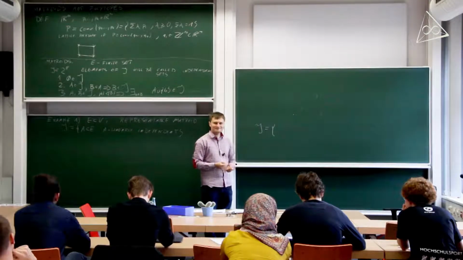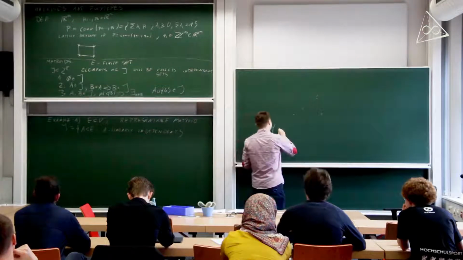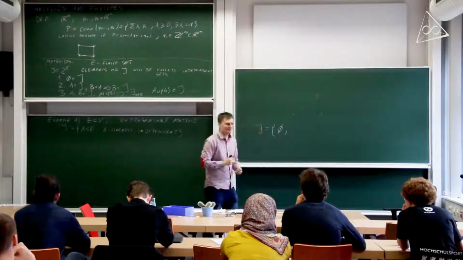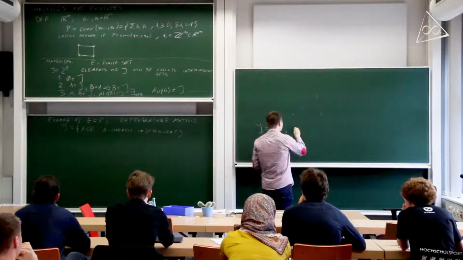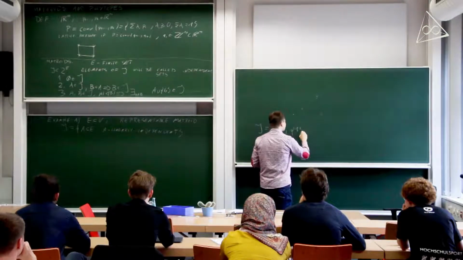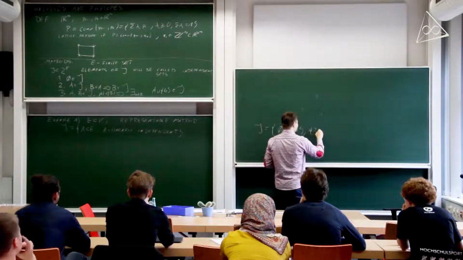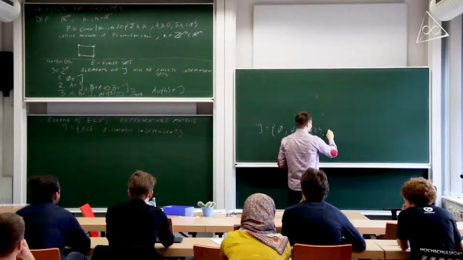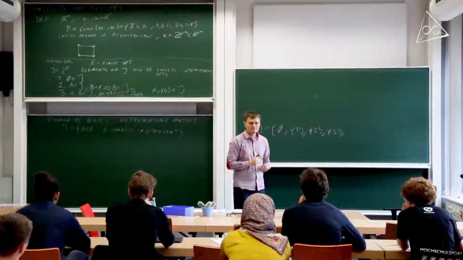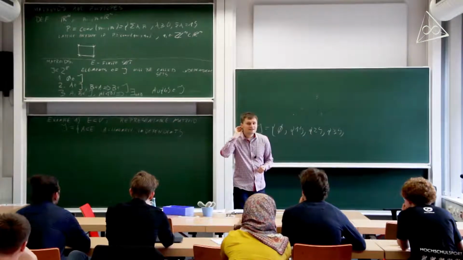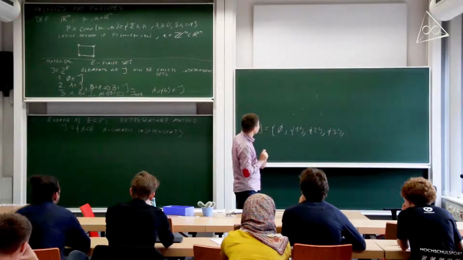What's there? The empty set, very good. The set consisting of 1. The set consisting of 2. The set consisting of 3. It can be the whole power set of this. So let's think about it.